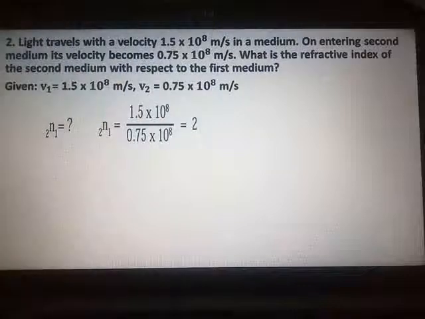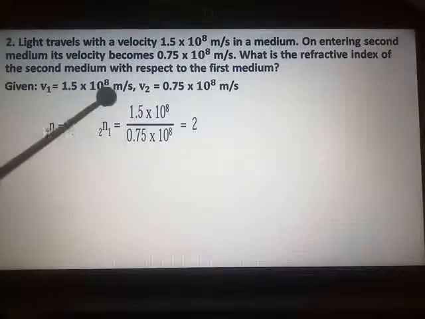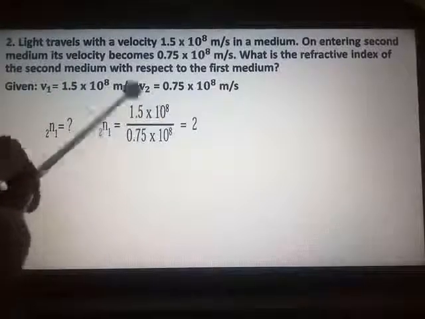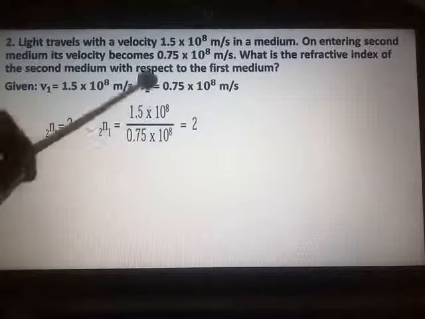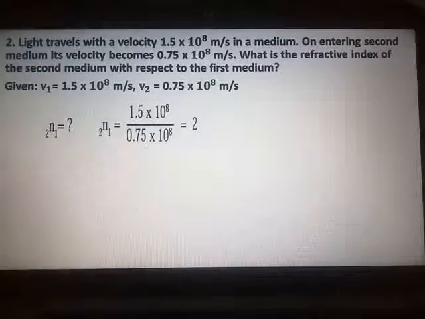What is the refractive index of the second medium with respect to the first medium? It is V1 upon V2. Substitute the values: V1 is 1.5 into 10 raised to 8 and V2 is 0.75 multiplied by 10 raised to 8.